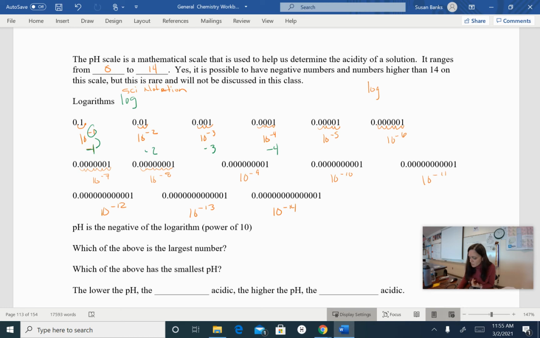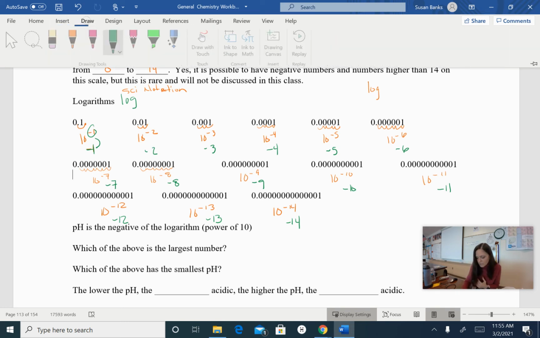Okay, so our log here is going to be -5, -6, -7, -8, -9, -10, -11, -12, -13, -14.